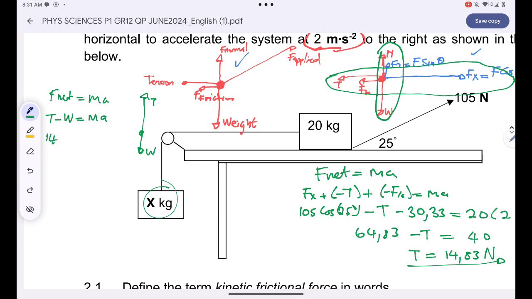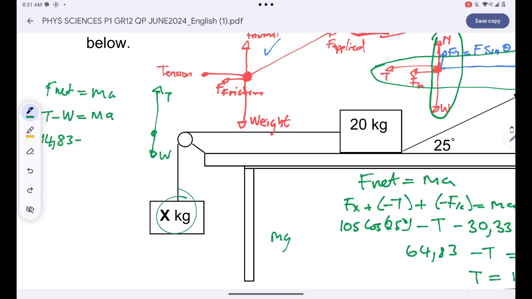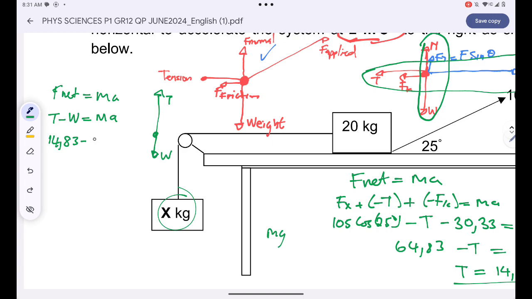So tension is basically 14.83 minus gravity, which is just mg, right? I'll simply say the mass of the body is x, the gravitational force is just x multiplied by 9.8. This is equal to x multiplied by 2, right? So 14.83 is basically equal to 11.8x. So divide both sides by 11.8.